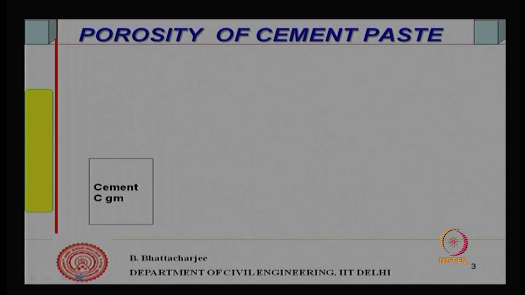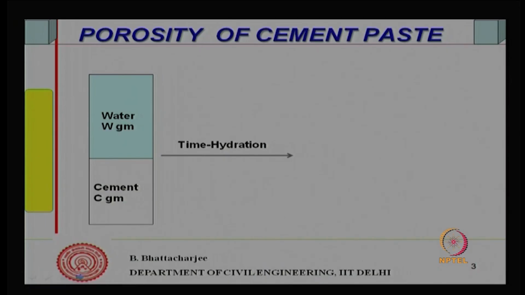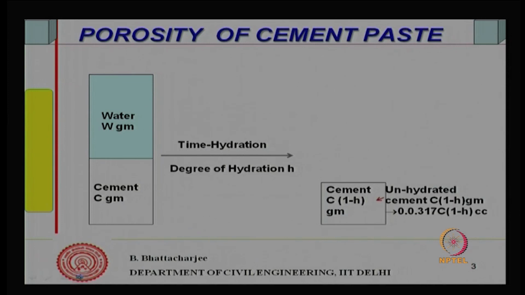If you recall, in the last class we said, let us say C gram of cement, we add W gram of water to it, and with time hydration progresses. Let us say our degree of hydration is H, then unhydrated cement will be C into 1 minus H, because H is the fraction of cement hydrated.